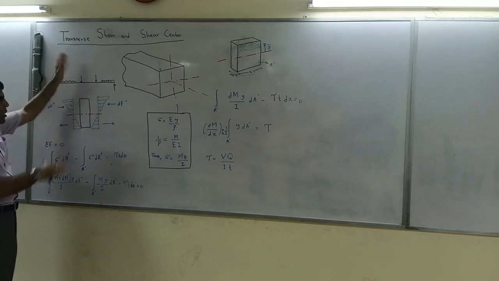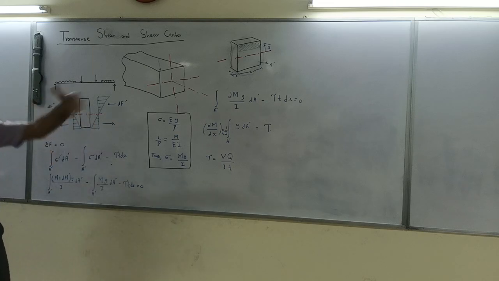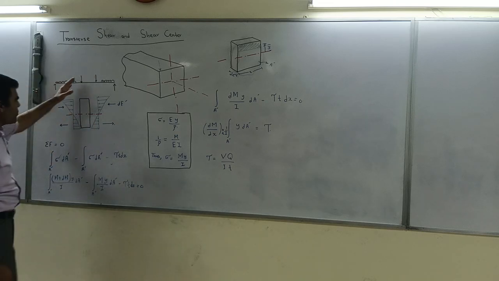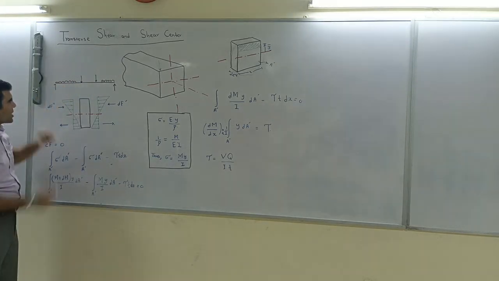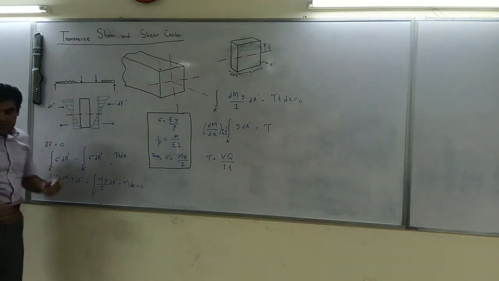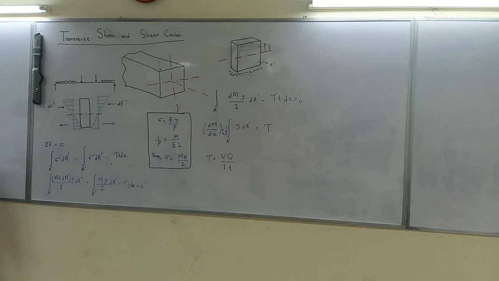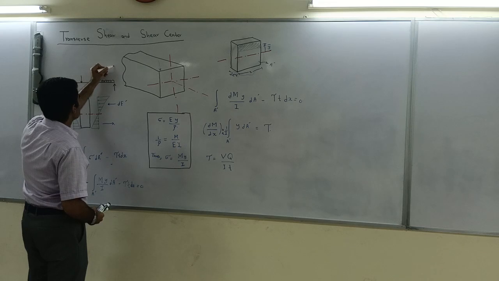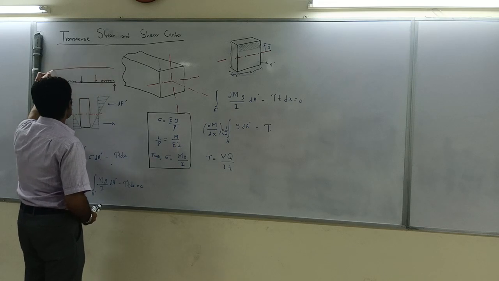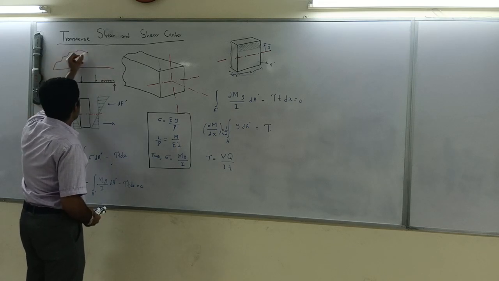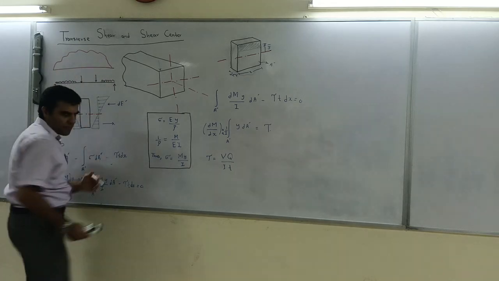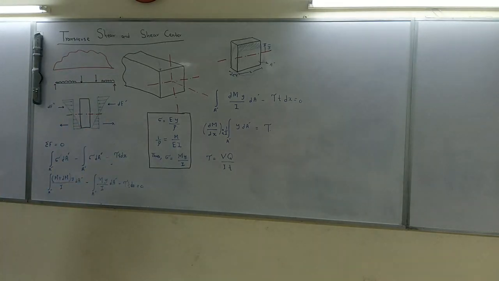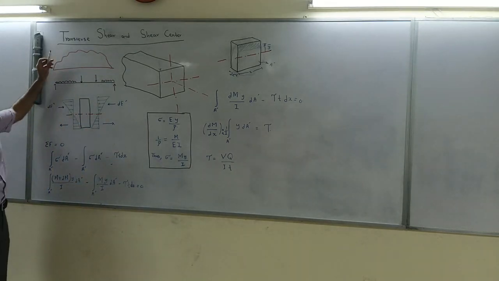Imagine we have a beam which is subjected to a series of loads. Okay, so for these loads, this beam would have a bending moment diagram. So imagine, let me draw a bending moment diagram for this beam, something like this, a random bending moment diagram.